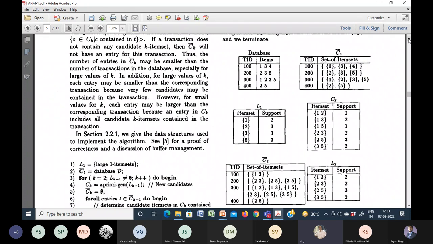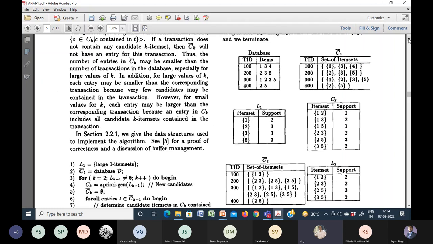C2 is the candidate, and it is associated with the transaction IDs.